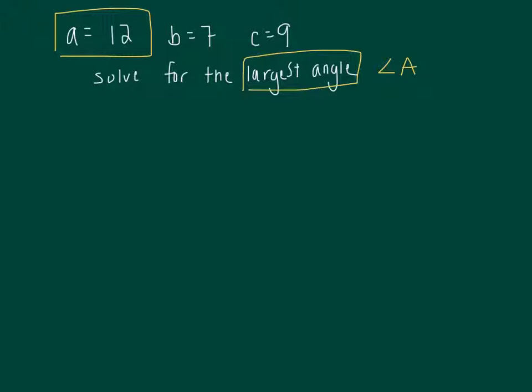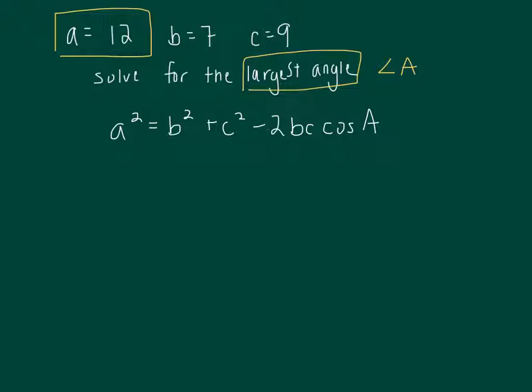And as I said before, the angle that you are either given or solving determines which version of the equation you're going to use, which means that once again, I'm actually going to be using the same version. The a squared equals b squared plus c squared minus 2bc times the cosine of A. Be careful when you're writing the C next to cosine that you pay attention that there isn't a side C in there.